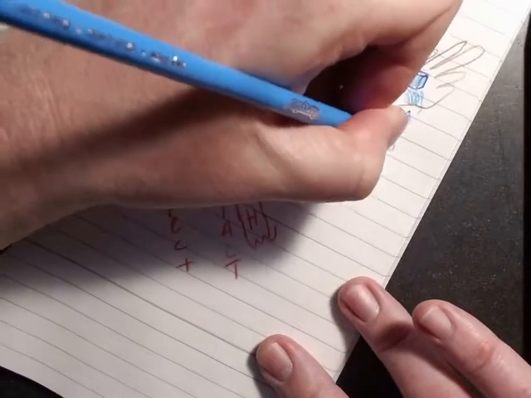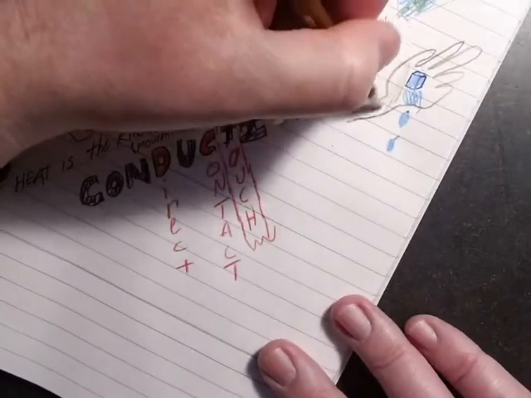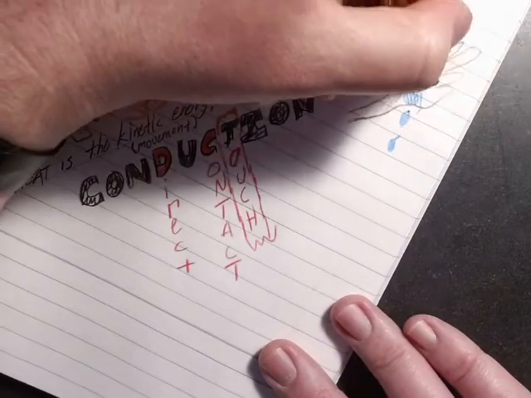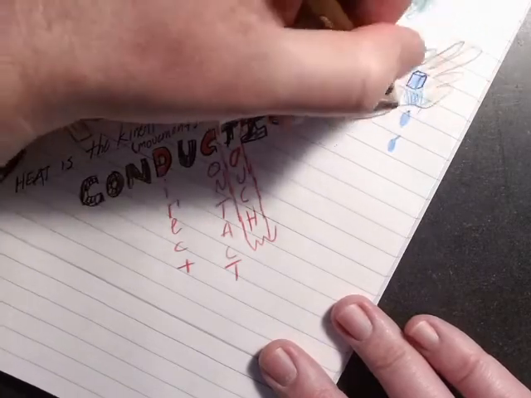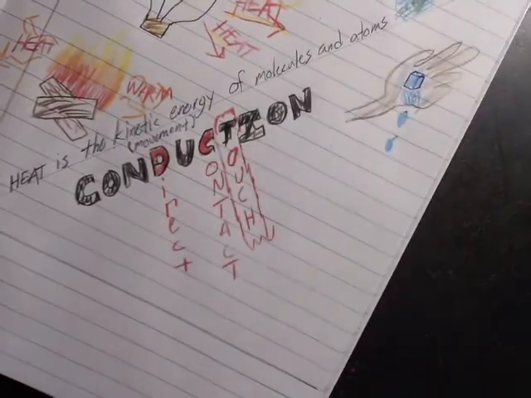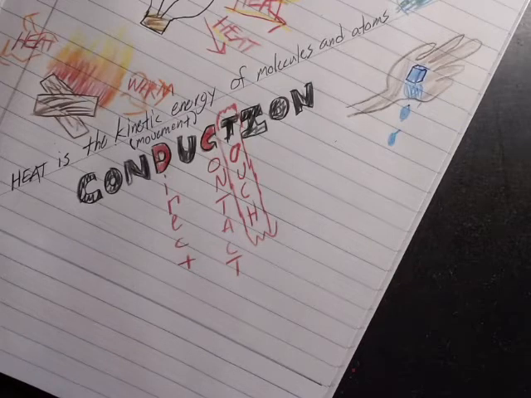One of the questions on the lab asked you, did the heat from your hand go to the ice, or did the heat from the ice go to your hand? So which direction was that transfer? You're going to find out tomorrow, in another little doodle note all about ice, hot versus cold.